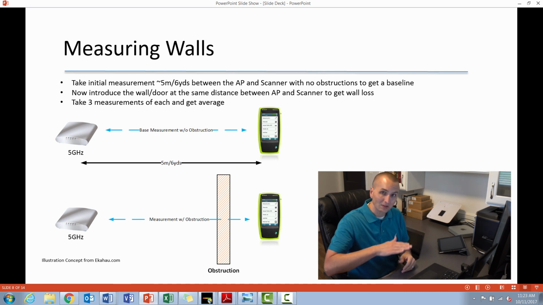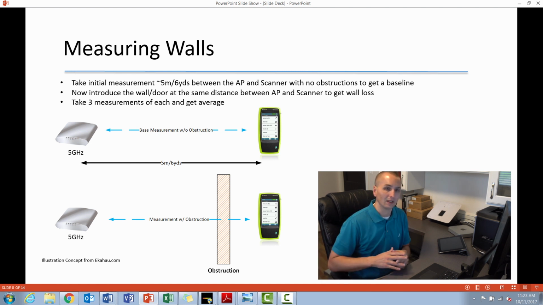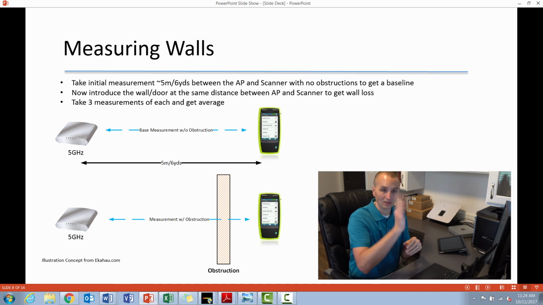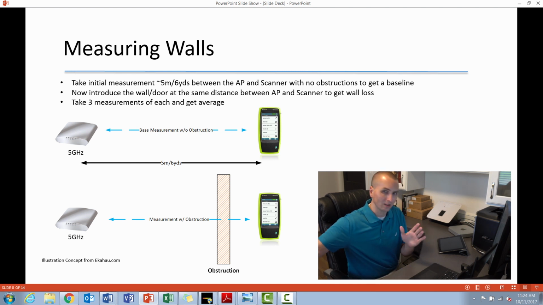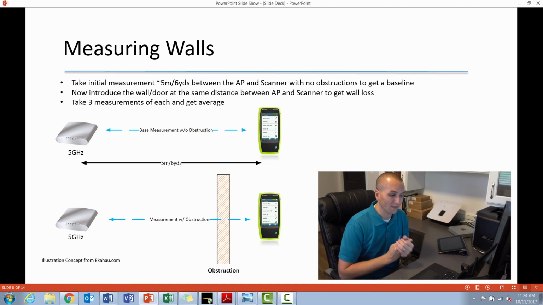Once you get into meters 5 and so forth, it levels out pretty significantly, to where you're only seeing a 1 to 2 dB variation. That's very important when you're trying to get your baseline measurements of signal strength. If you're within that first 2 to 3 meters, your signal strength is going to go all over the place with just a slight movement of your scanner. Getting that separation of around 6 yards is what I tend to find is the sweet spot.